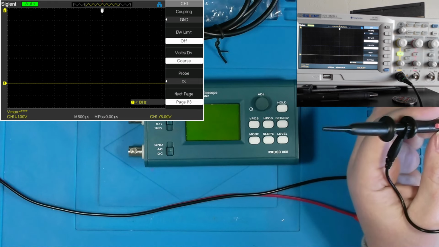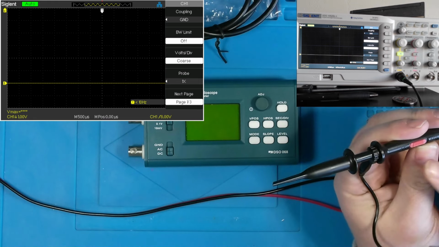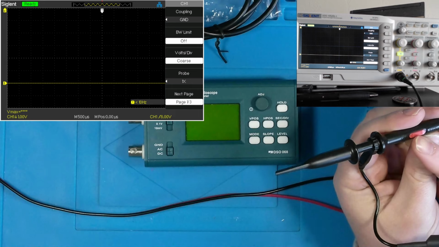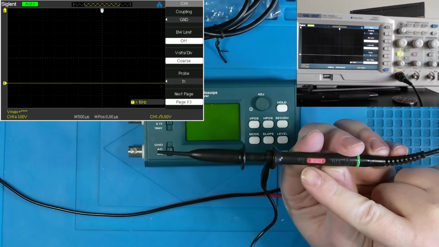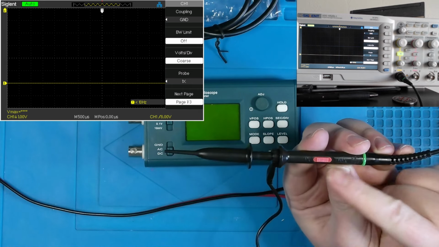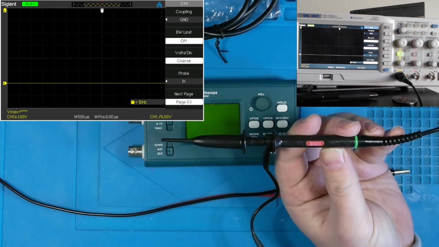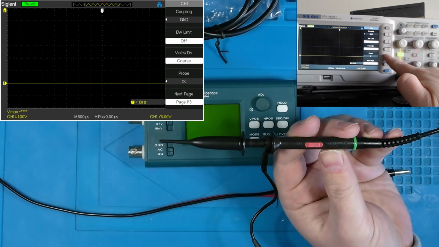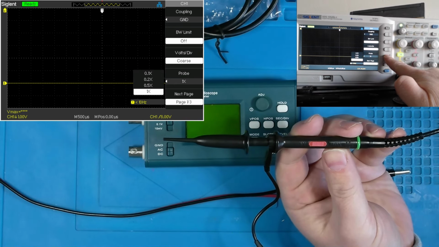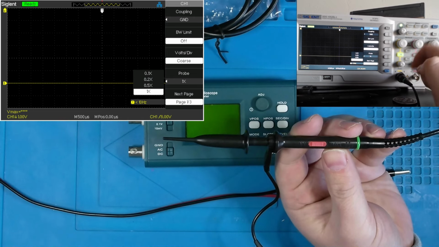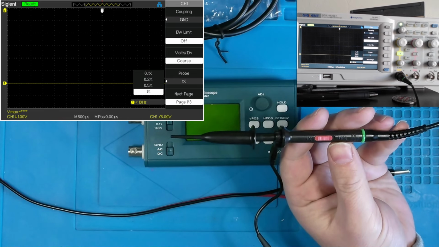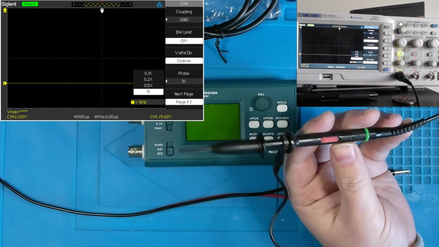Actually, before we even do that, you also need to make sure, see on my probe here, I've got it in 1x instead of 10x. I want to make sure that my probe is also adjusted for 1x on my oscilloscope. There we go. It was already on there, but just different functions, things that you should keep in mind.